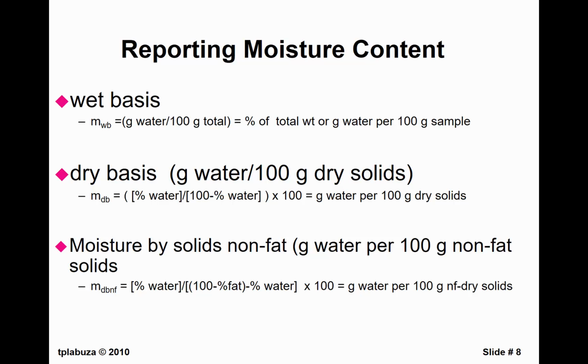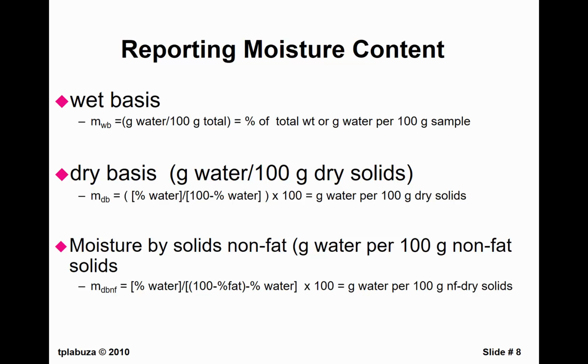So, moisture content is sometimes done on a wet basis, so that's grams of water per total grams of the food. Very simple type of thing. Dry basis is the grams of water divided by 100% minus the percentage of water. So you're taking all the solids that's in there.